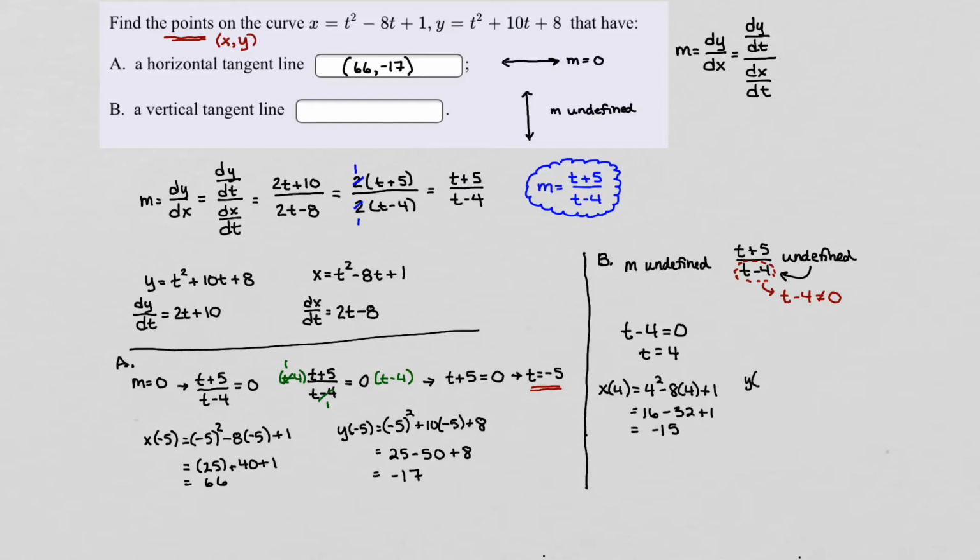And y, when t is 4, is equal to 4 squared plus 10 times 4 plus 8. In other words, 16 plus 40 plus 8, or 64, I believe. And therefore, we have a vertical tangent line at the point -15 for x and 64 for y. Not too bad.